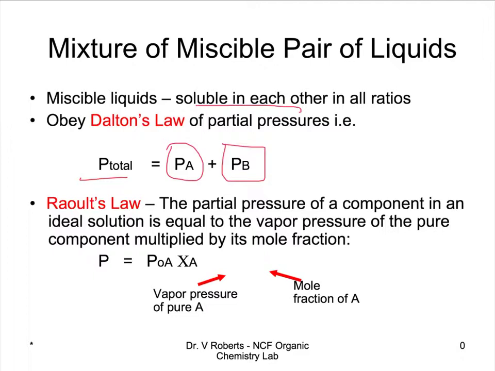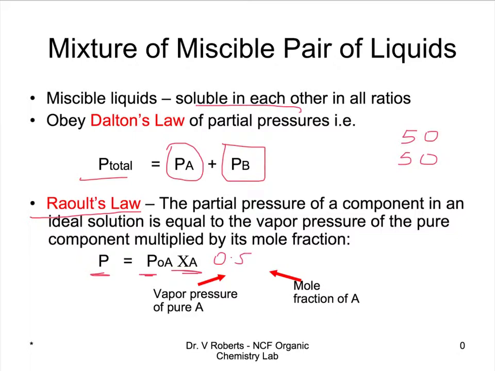And then Raoult's law comes into play here, because the partial pressure of A is dependent on the mole fraction of A present. So if we had a 50-50 mixture, then the partial pressure of A would be equal to the vapor pressure of pure A multiplied by the mole fraction of A, which is 0.5 in this case.